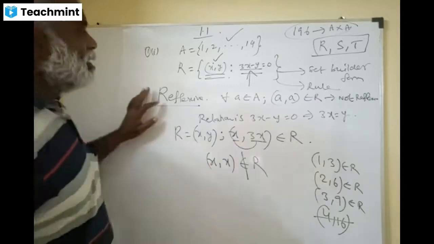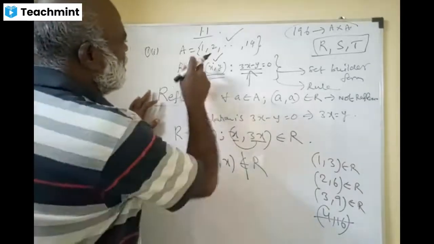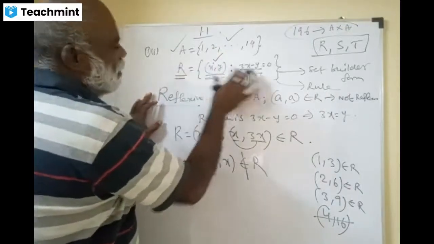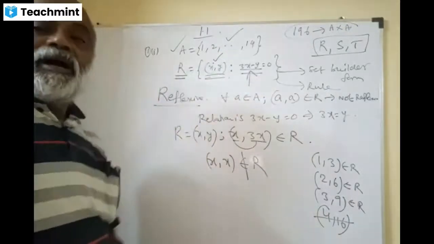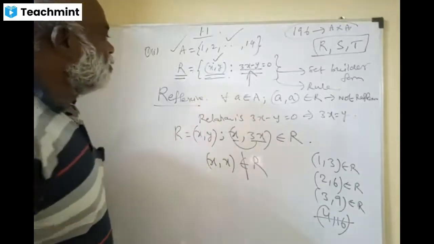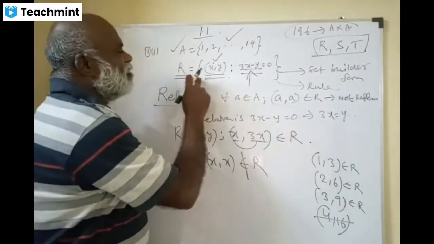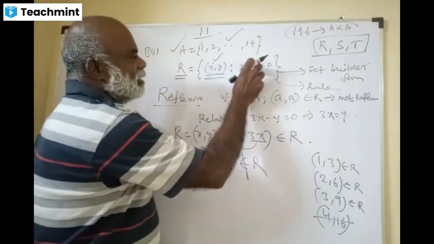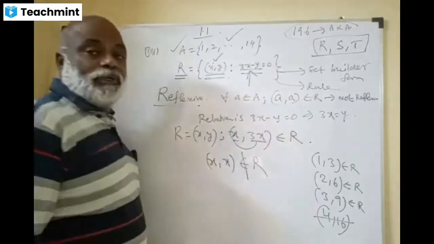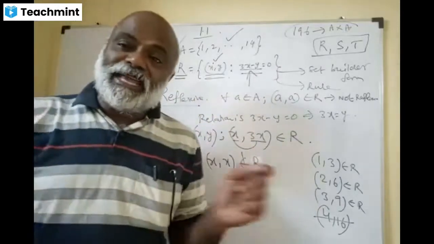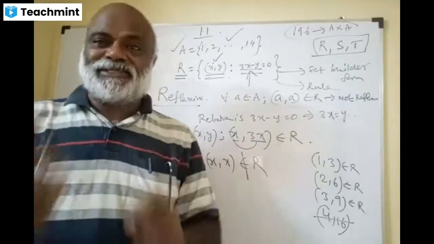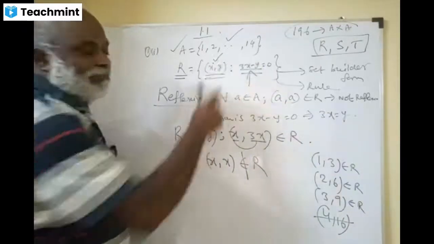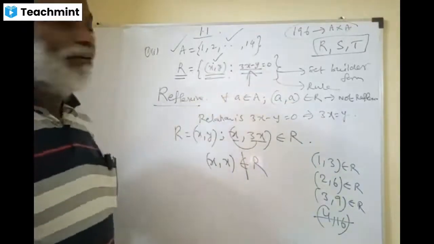See this, friends. Here, R is the relation defined like this. R is the set of ordered pairs such that 3x minus y equals 0. That means the x and y elements must be related like this, then we call it a relation.